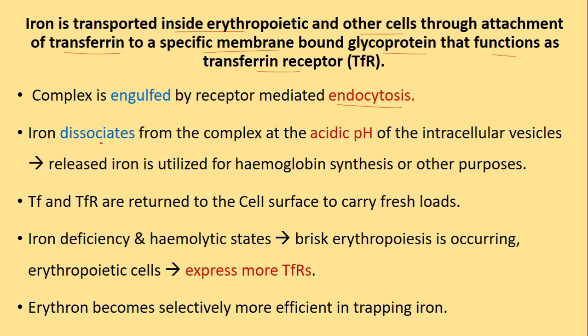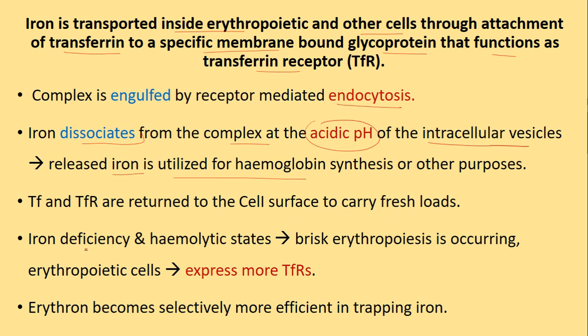The iron dissociates from this complex at acidic pH in the intracellular vesicles. The released iron is utilized for hemoglobin synthesis as well as other functions in the body. The transferrin and transferrin receptors are returned to the cell surface to carry a fresh load.